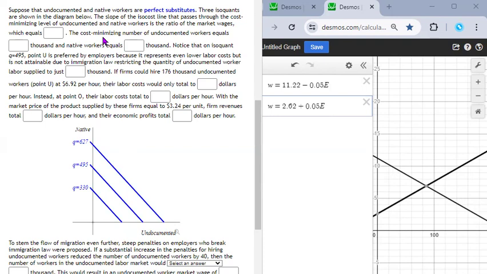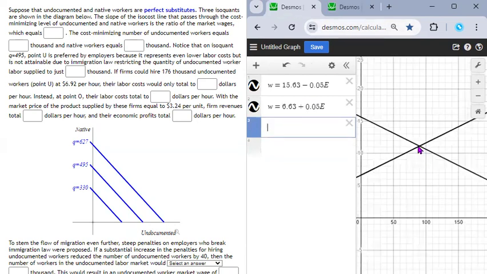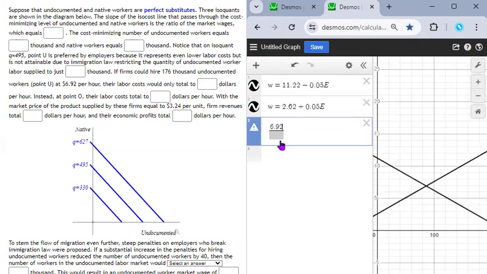The slope of that line is the ratio of the market wages for both labor markets. And since undocumented workers' employment level is on the x-axis, the isocost slope is the wage of undocumented workers, which is 6.92, divided by the market wage of native-born workers, which is 11.13.